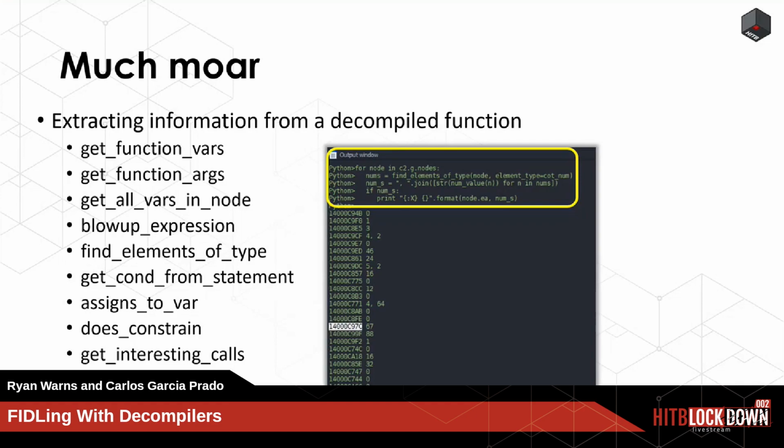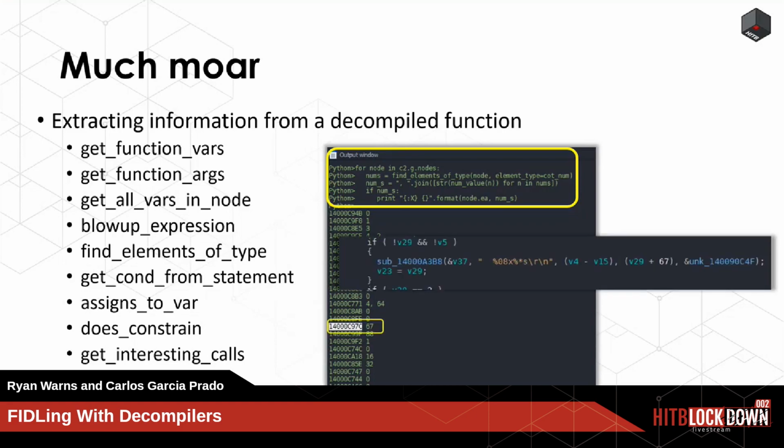And you see here the output: all those addresses and the number that is found inside this node. If you click whatever address, like that one that's 67, it's going to take you to the line of decompiled code. And then you see indeed there is an occurrence of a literal, a number, in this case 67.